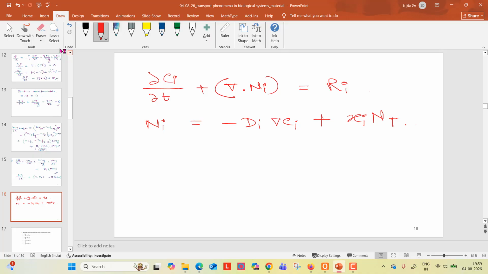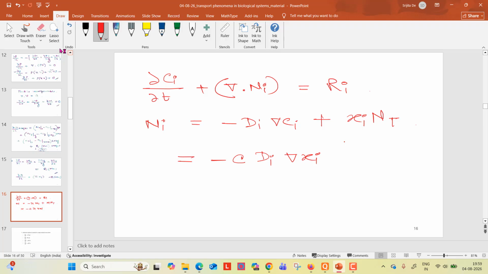Before replacing, we can write it as minus C into Di grad Xi, because Ci by C equals Xi, we know that.